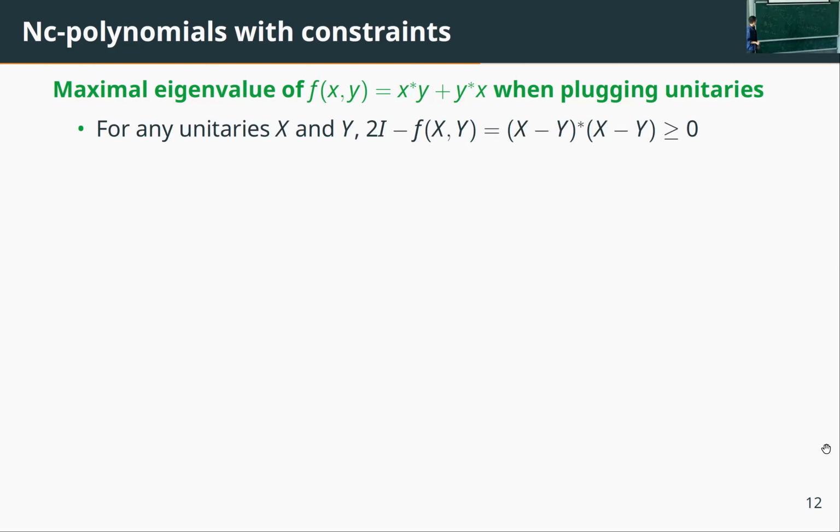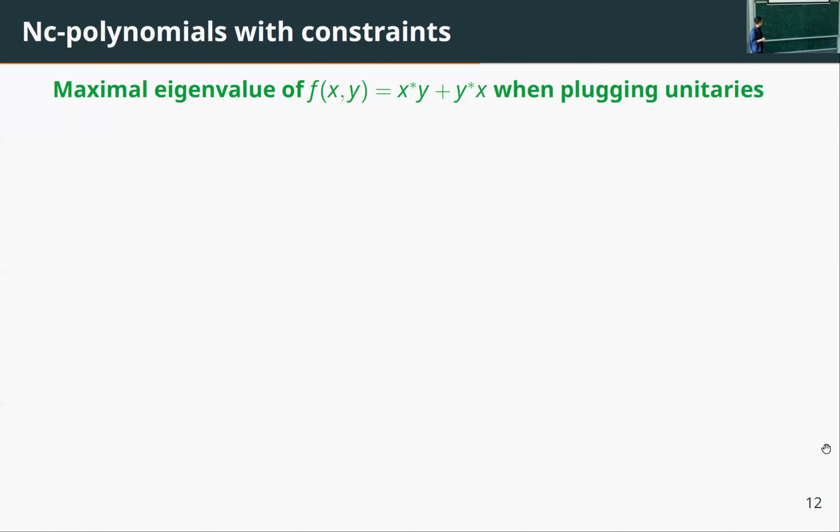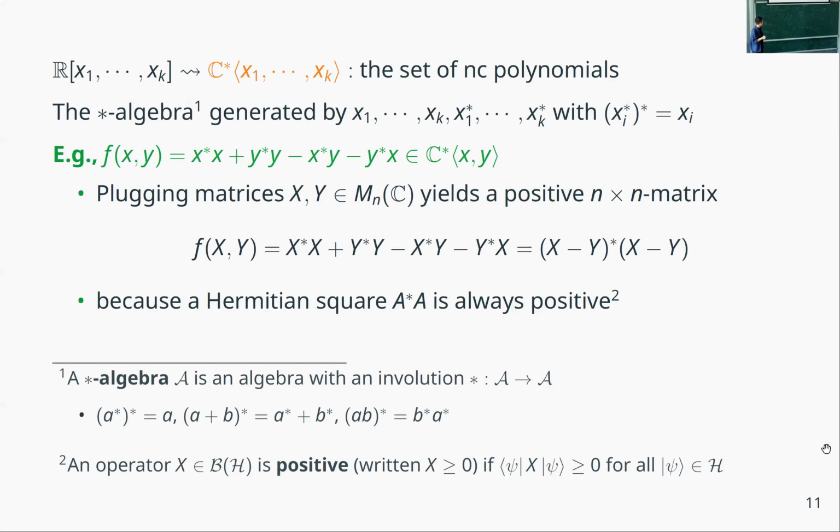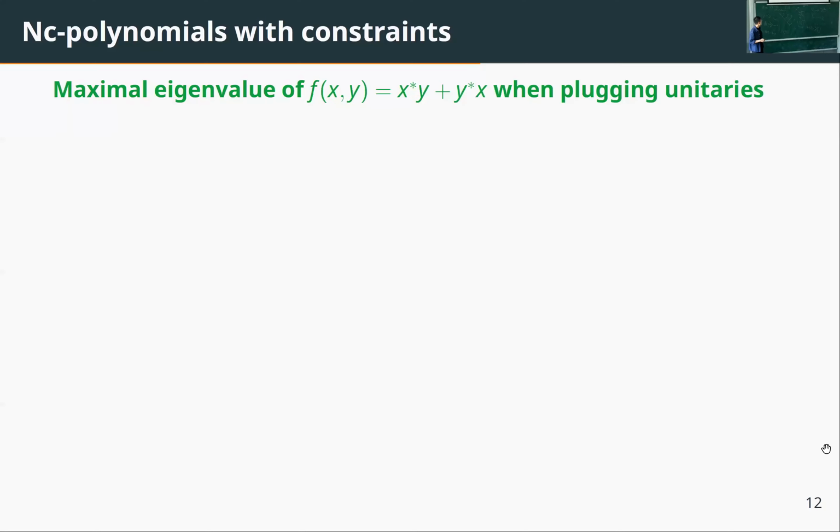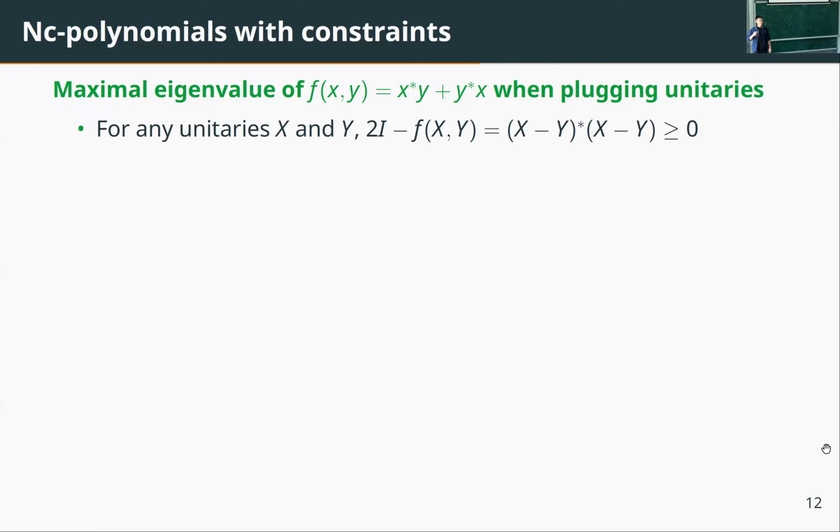In this case, for any unitaries x and y, 2 times identity minus f(x,y) can be written as this thing, because you can just replace the first identity by x star x and the second identity by y star y, and this goes back to the previous expression. So you can still express it as a Hermitian square, which is a positive semi-definite matrix.